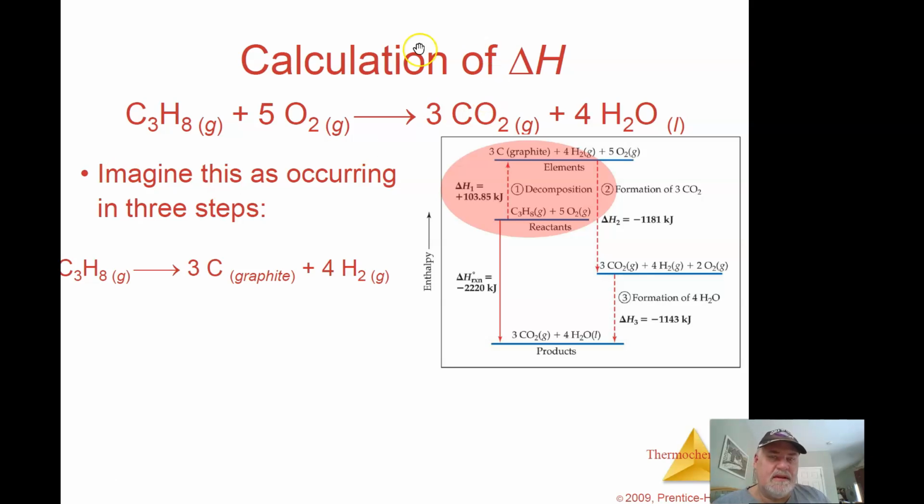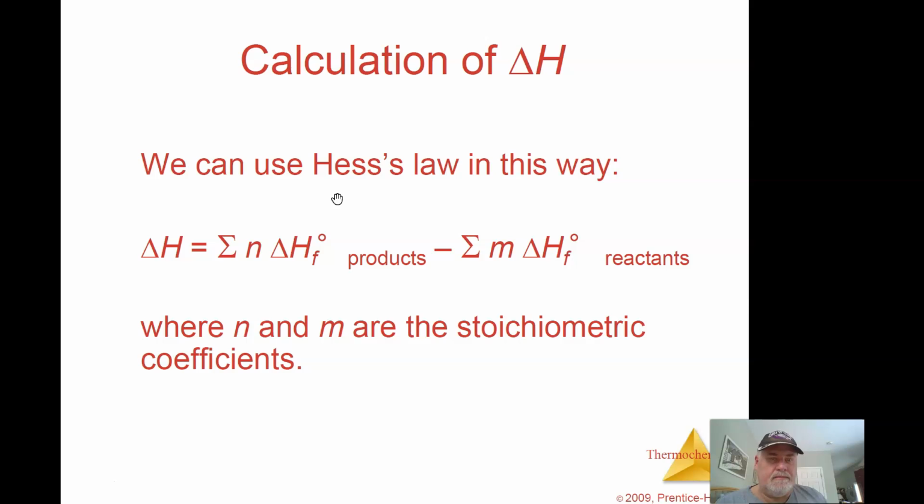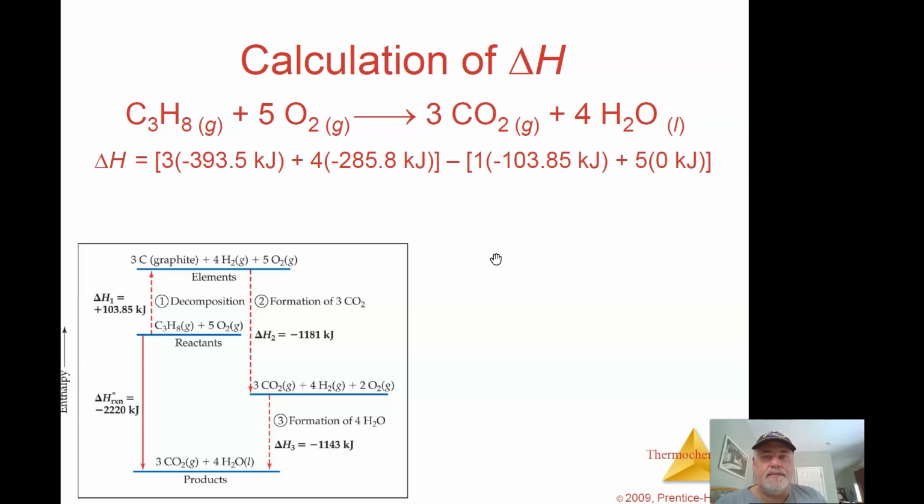So this gets a little bit confusing, kind of relates to Hess's law, but I want to do this a little quicker. What you can do is just add up all the products and subtract that from the reactants. This equation without the N and the M is on your purple sheet. So all you have to do is look up those values that we just talked about. And you're going to start with the products, and you'll get a chance to practice these guys.